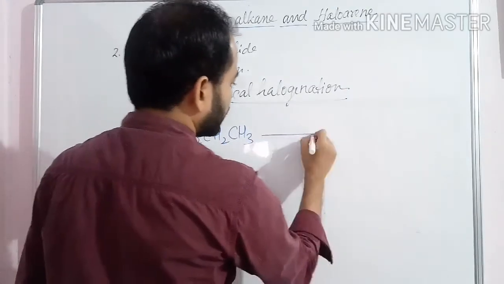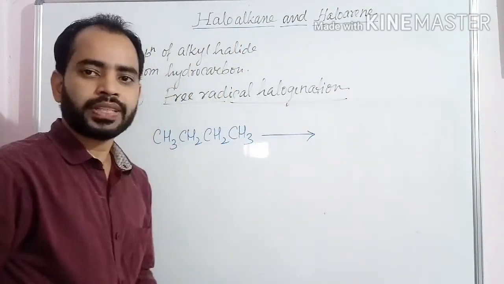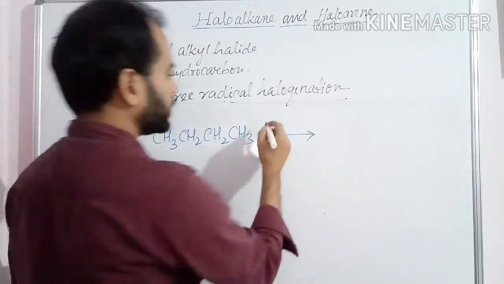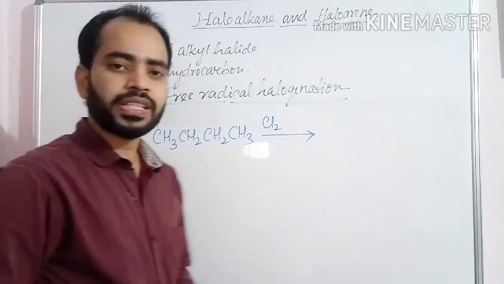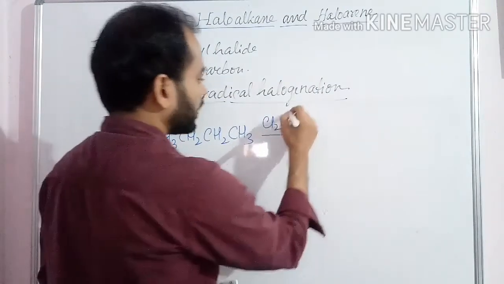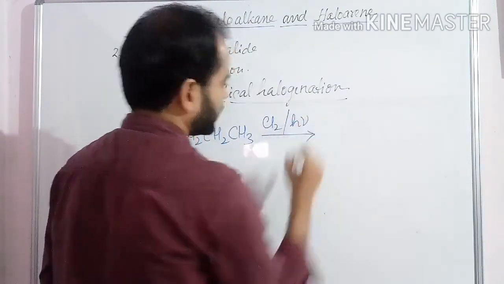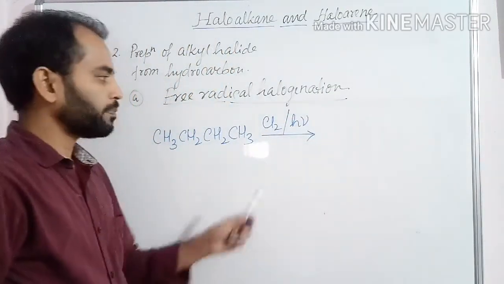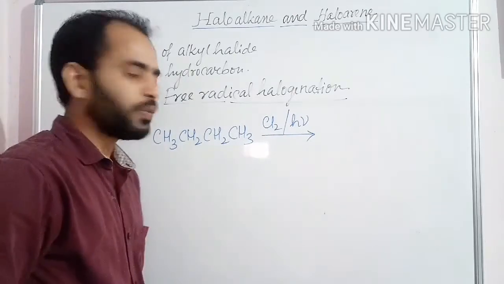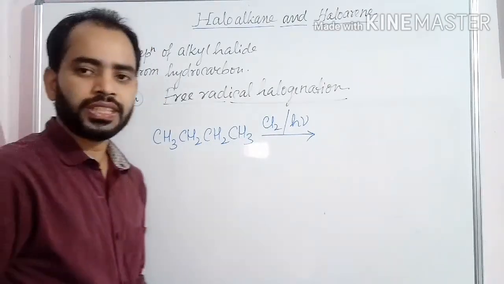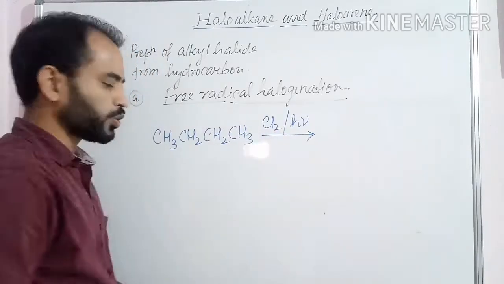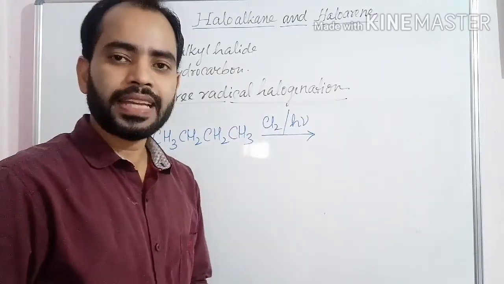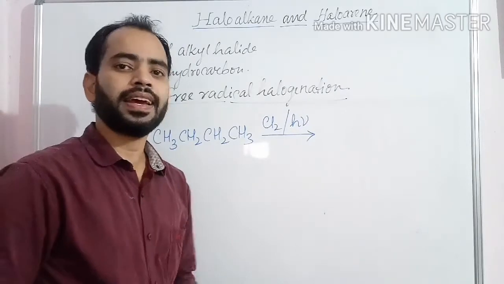We react it with a suitable halogen, for example Cl2, in presence of light, sunlight, that is h nu. Then free radical halogenation takes place. In this case we get a mixture of alkyl halides.